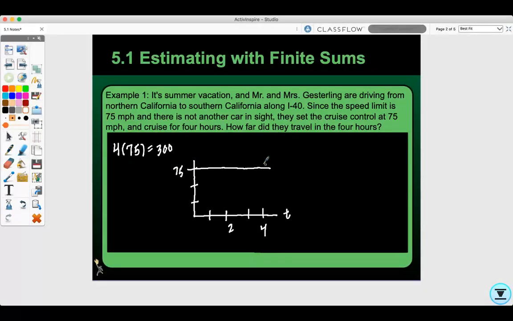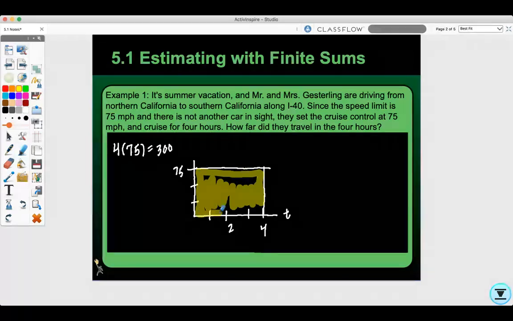I'm at that constant speed for all 4 hours. My 300 would be the area under the curve. It would be this entire area with this rectangle. So 300 miles.